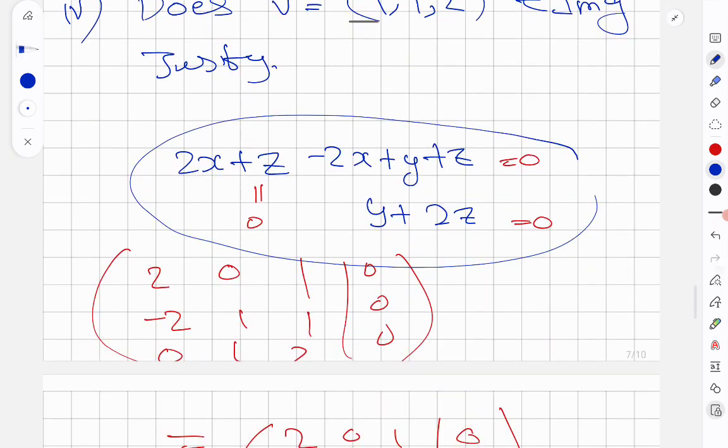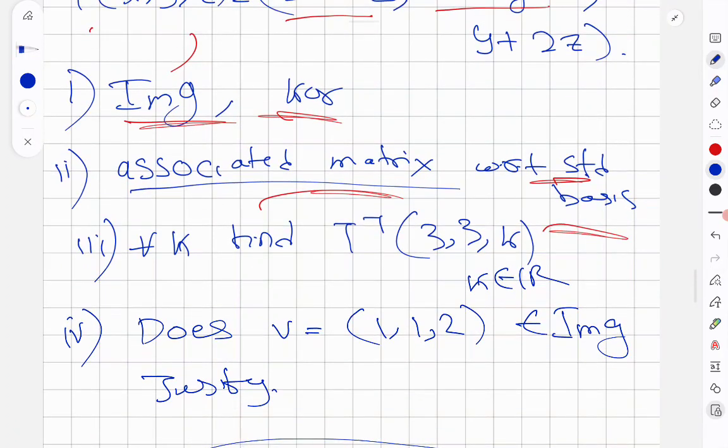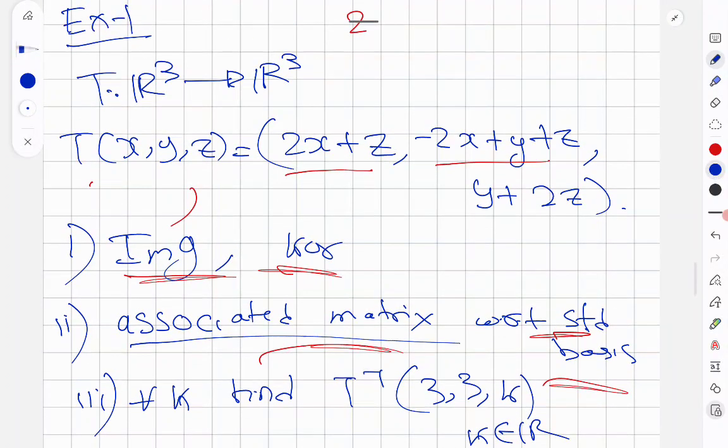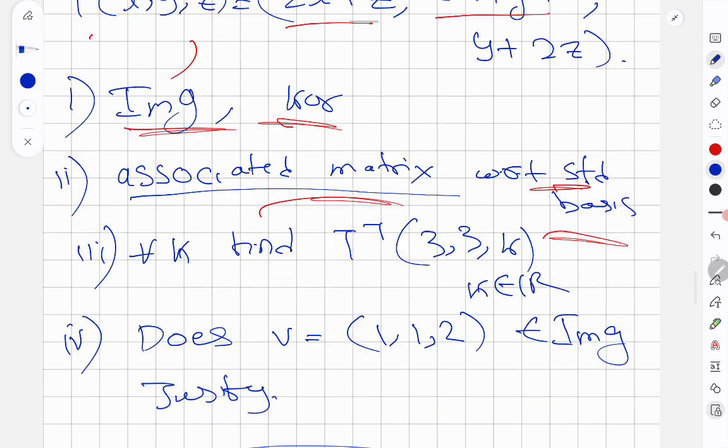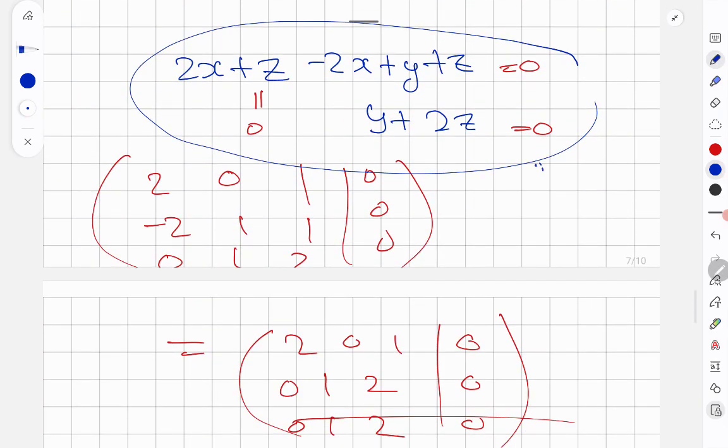Don't think it's a matrix. Here, what I said, what is the kernel? The kernel is when it goes to 0. So I took every equation equal to 0, and now I need to find the solution of this equation. To find the solution, I use the row echelon form. So it's not a matrix or anything. Don't get confused.